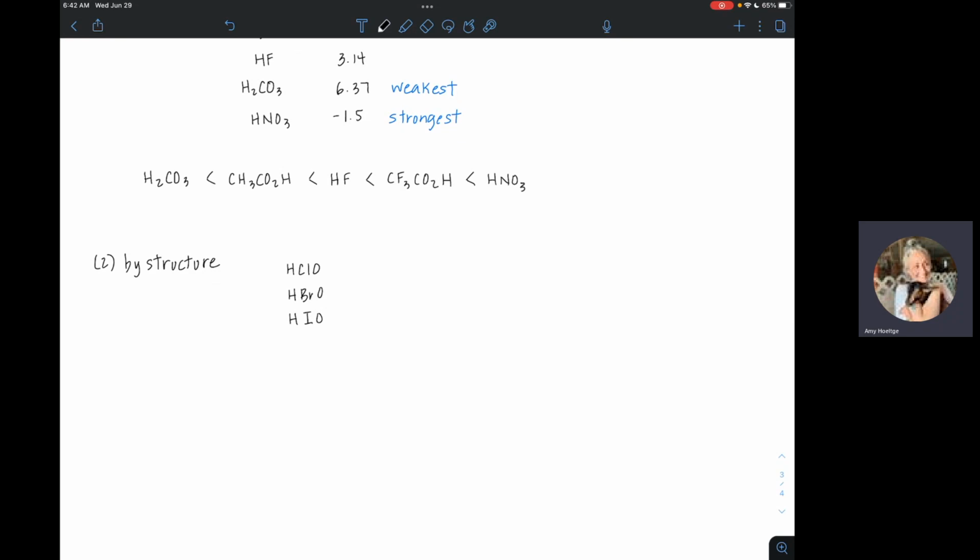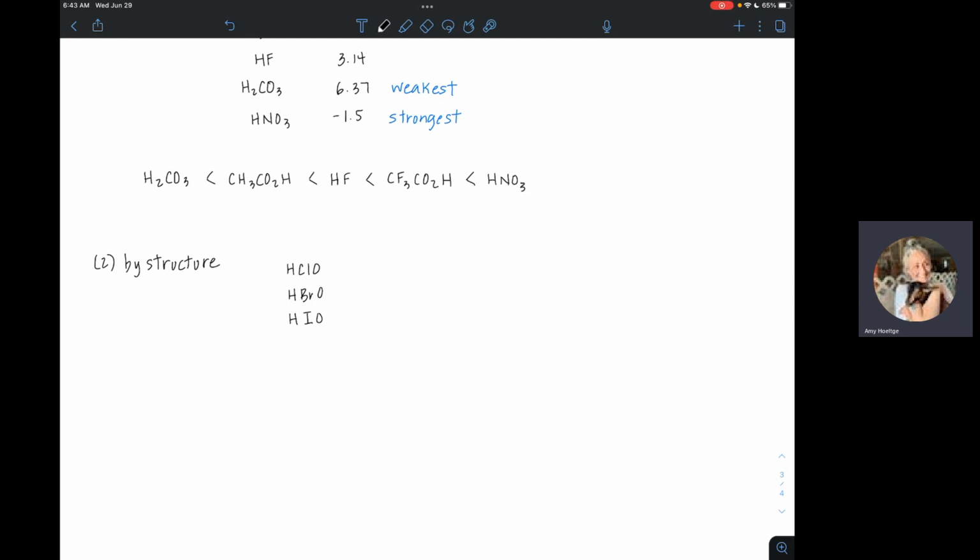The bond lengths are going to be a little different. So this is deceiving, right? Because you're looking at a situation where it looks like the hydrogen is actually attached to the halogen, but in reality, if you draw out the structure of these, the hydrogen is actually attached to the oxygen.